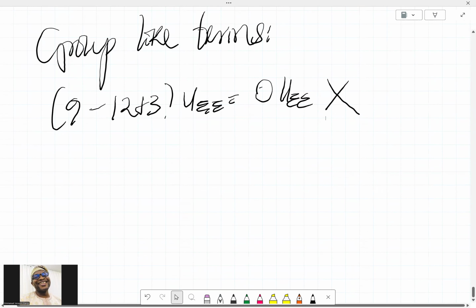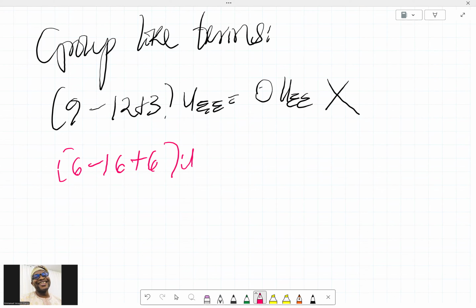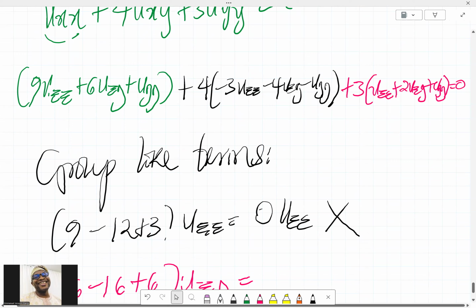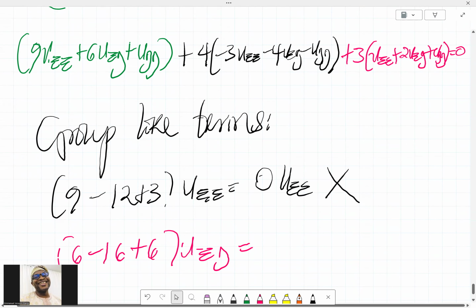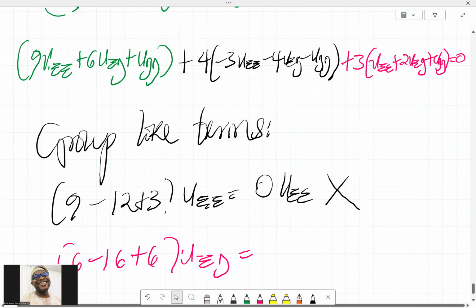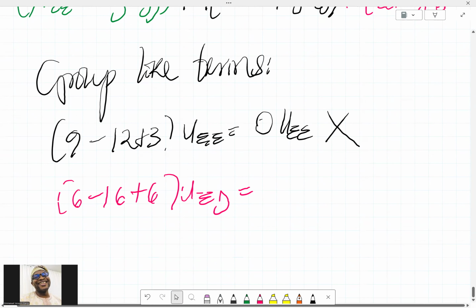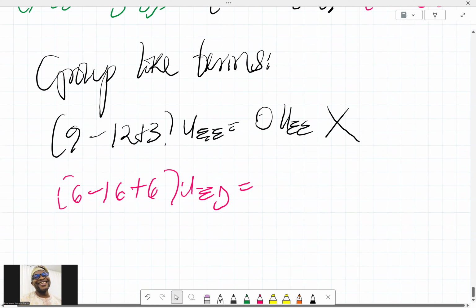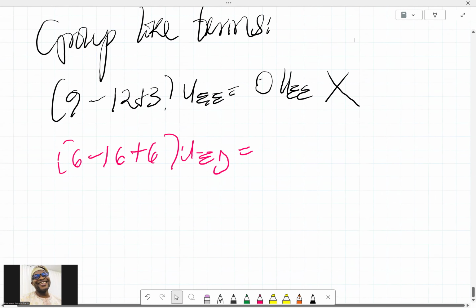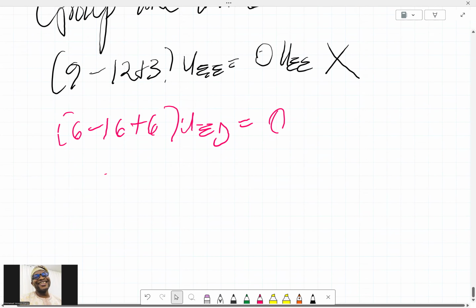Next, for u psi eta, we have 6 minus 16 plus 6, and on the right hand side that is minus 4u psi eta equals 0.